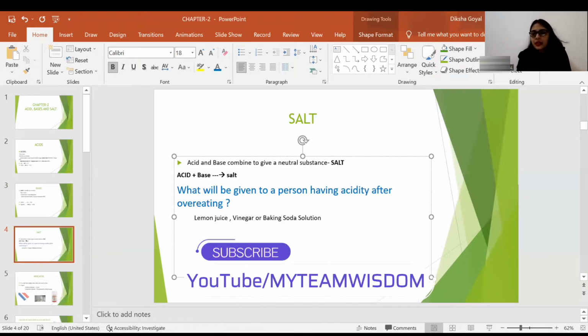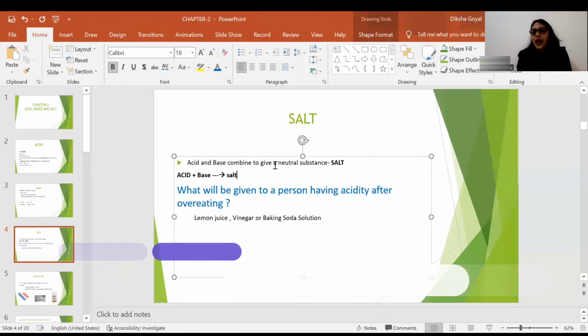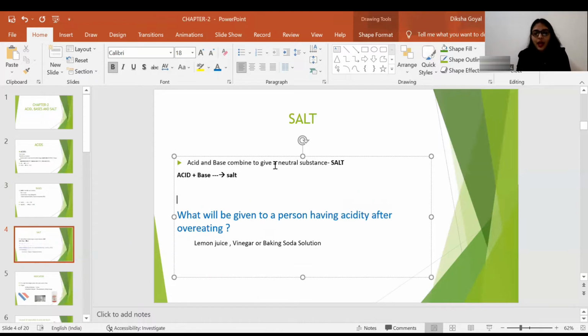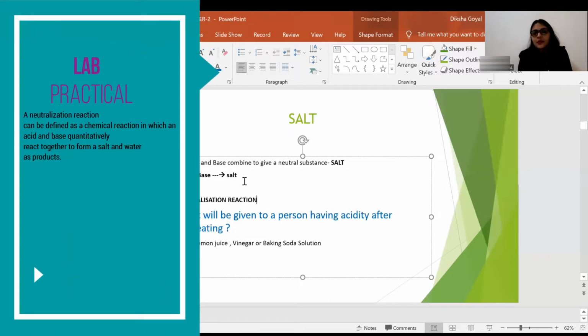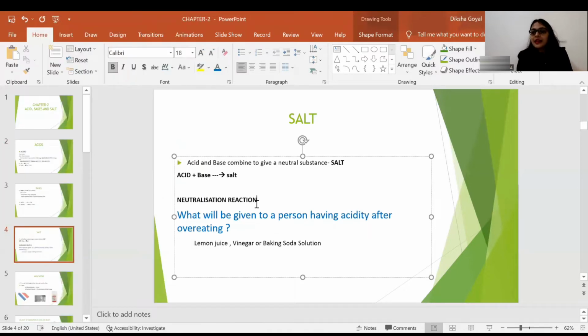Acid plus base combines to give a salt, and this reaction is known as a neutralization reaction. Okay? So whenever an acid and base combine, they form salt, and this particular reaction is known as a neutralization reaction. Basically, they neutralize the effect of each other.